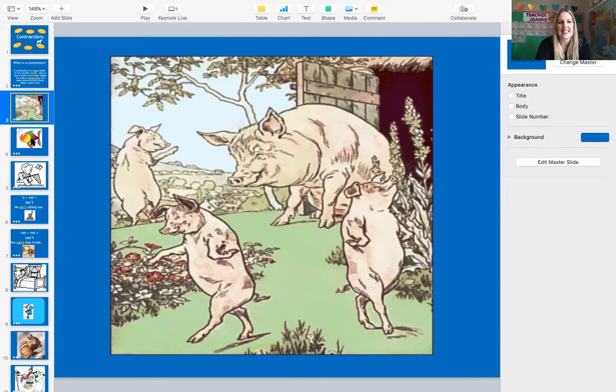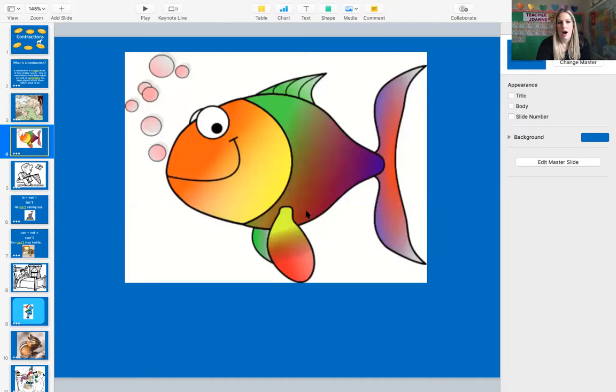All right, let's look at this next picture. Wow. What do you see in this picture? This is a fish, okay? This fish is very colorful. This fish is not one color. So I'm going to write on my whiteboard 2 small words, okay?